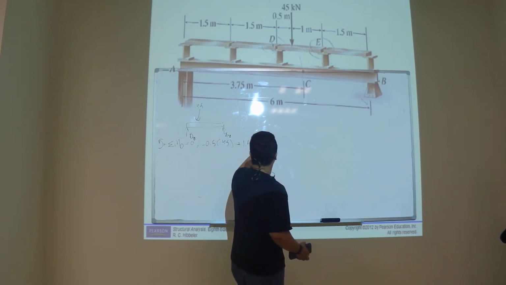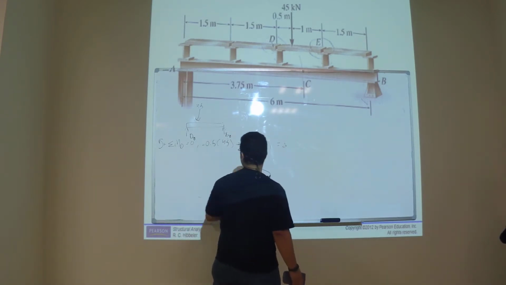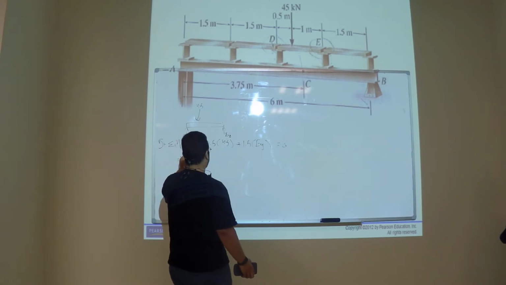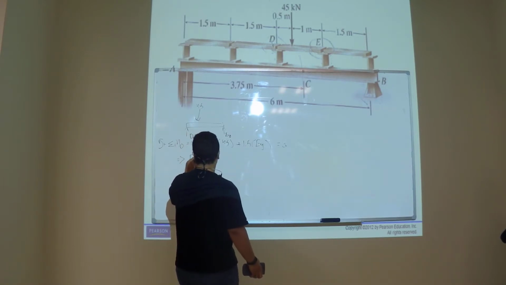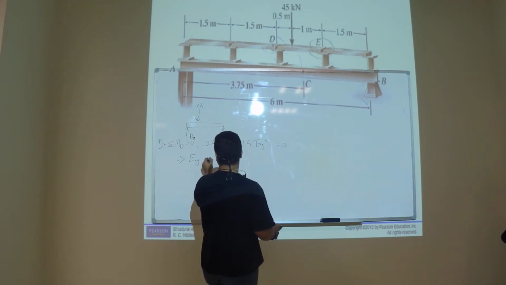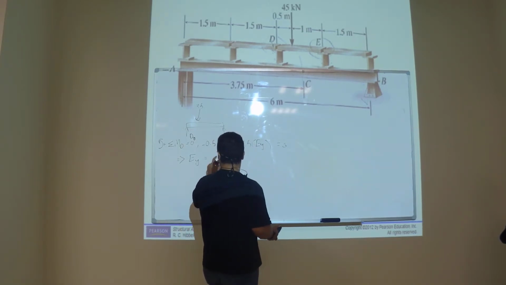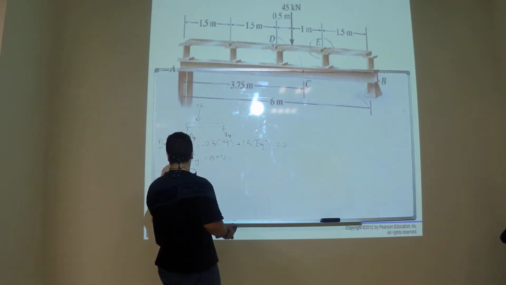Is he doing it right or wrong? Okay. EY will be 15. It will be 15 kilonewton. EY will be 15 and DY will be 30.